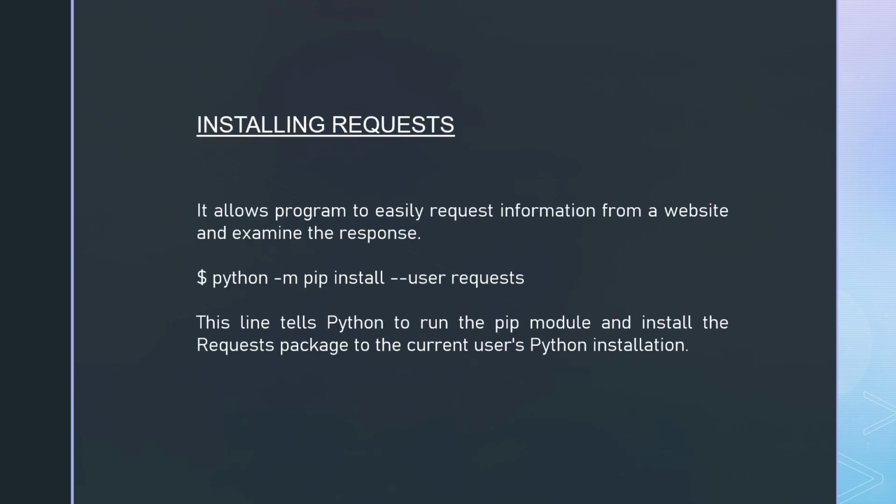Installing requests. The requests package allows a Python program to easily request information from a website and examine the response. Use pip to install requests: python -m pip install --user requests. This line tells Python to run the pip module and install the requests package to the current user's Python installation.